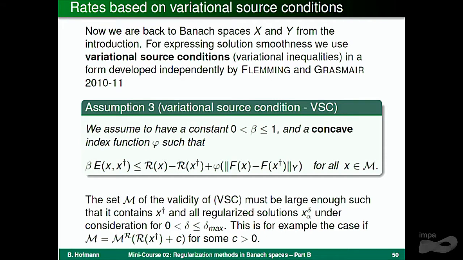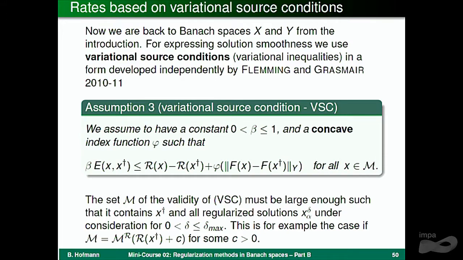Another point is the question, what is this M? This M is a set where this variation inequality has to be satisfied. And in principle, M must contain all regularized solutions, let's say if the delta, the noise level, is small enough, in an interval from 0 to delta bar, let's say. And this variation inequality has to be satisfied only for such elements.